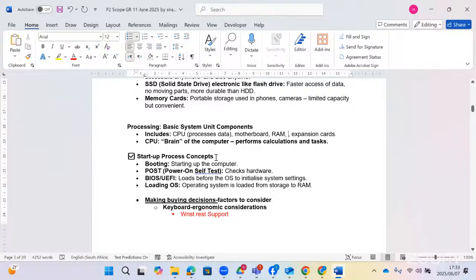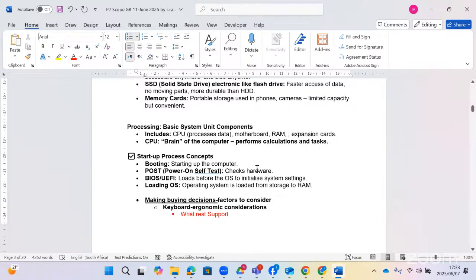Now the CPU is the main brain of the computer. In other words, that's the most essential component inside the computer, which performs all the calculations and different tasks. So whenever you are given a scenario to analyze, the most common component is the CPU, followed by components like the RAM, and then the hard drive and others.